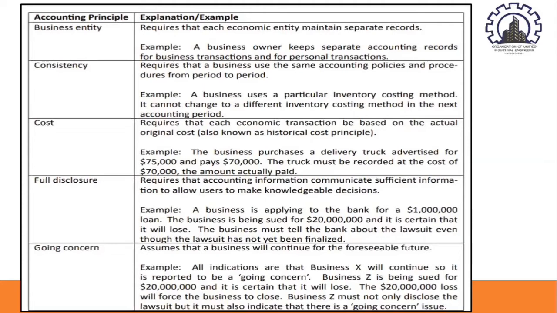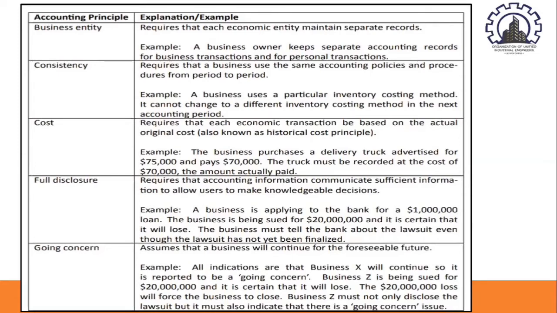And another accounting concept and principle would be consistency. Consistency requires that a business use the same accounting policies and procedures from period to period. For example, a business uses a particular inventory costing method, and it cannot change to a different inventory costing method in the next accounting period, meaning you need to be consistent.